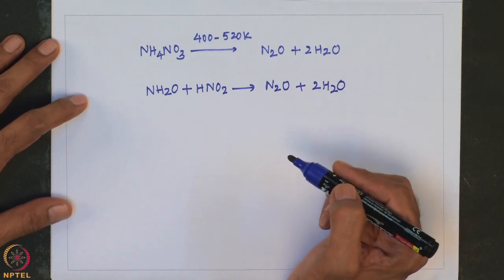Dinitrogen monoxide has a faint sweet odor. It dissolves in water to give a neutral solution.